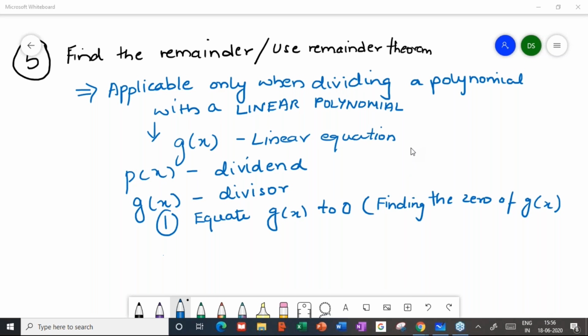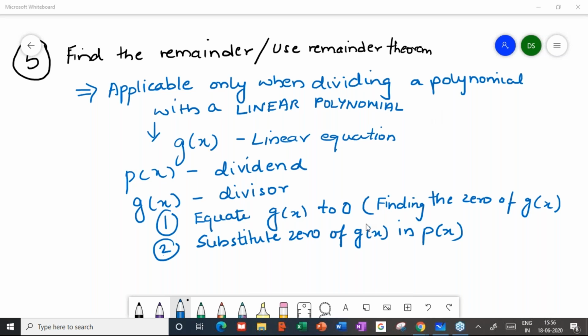Okay, so equate g of x to 0 will be the first step. Then the second step will be what? You find the 0 of g of x, right? Then you substitute that 0. Substitute 0 of g of x in p of x.